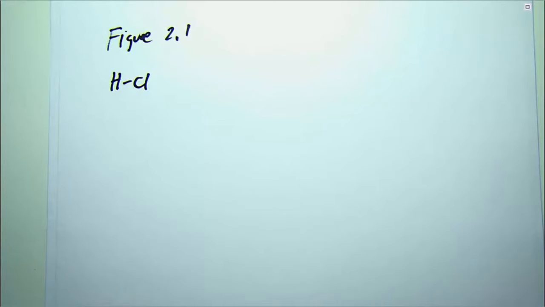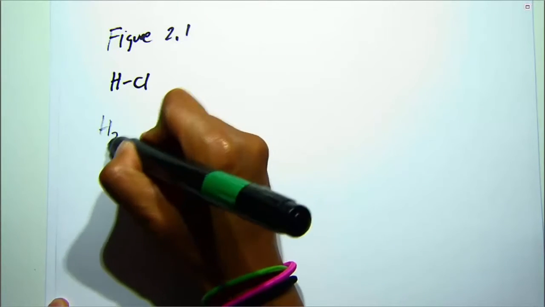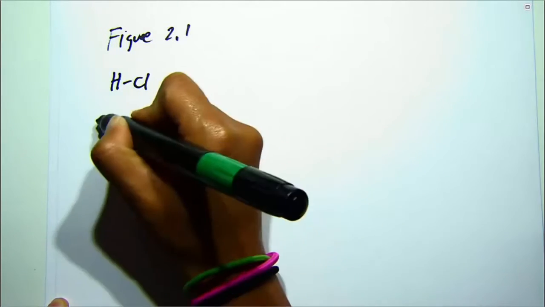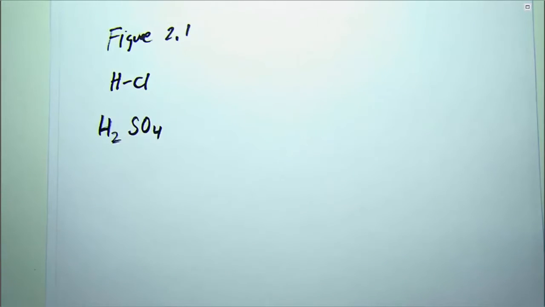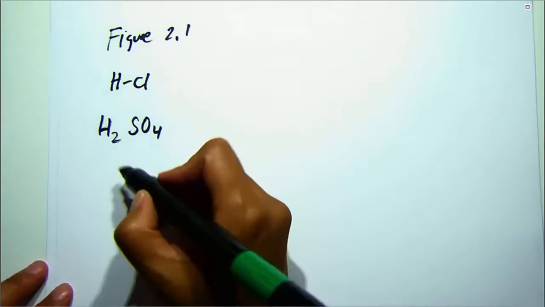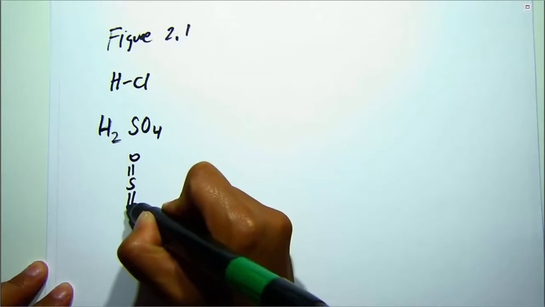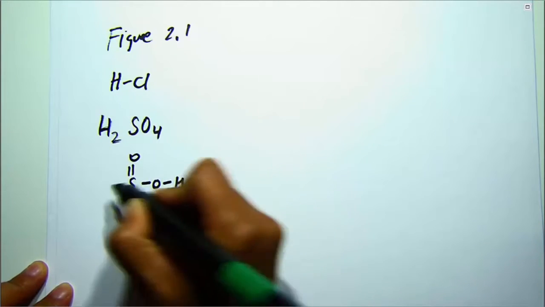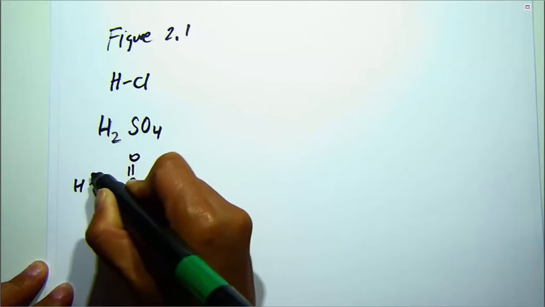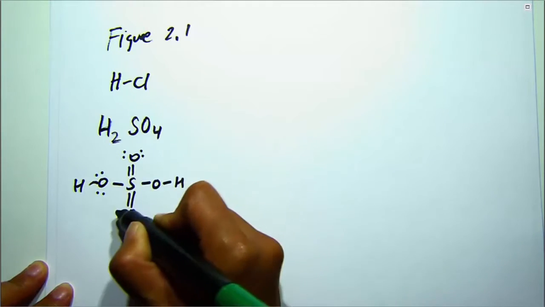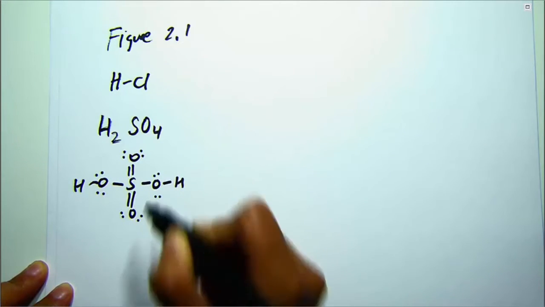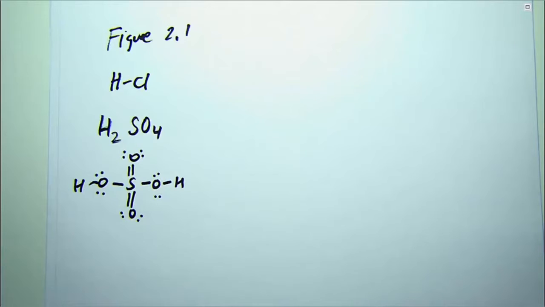Sulfuric acid, H2SO4, that's also a very good, strong acid. We can draw out the Lewis dot structure here. So these are inorganic acids. They don't have any carbon atoms in them.